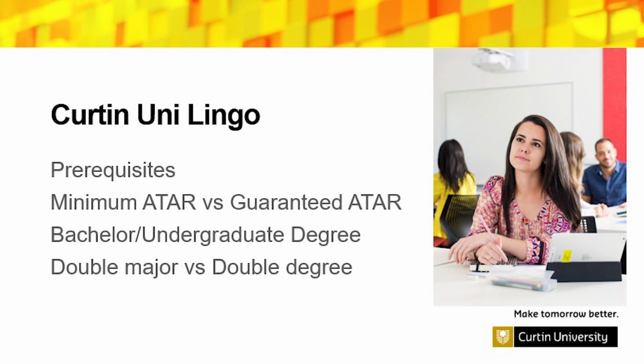So what we do is we recommend that you get a minimum ATAR, a certain ATAR, to get into that course. But what the minimum means is that you probably want to work towards getting a bit of a higher ATAR to be competitive. Because if you do just hit that kind of 70 minimum ATAR, which is often the case, you might be going up against students who are also applying who have 75 to 80 ATAR, and then they end up getting a place.